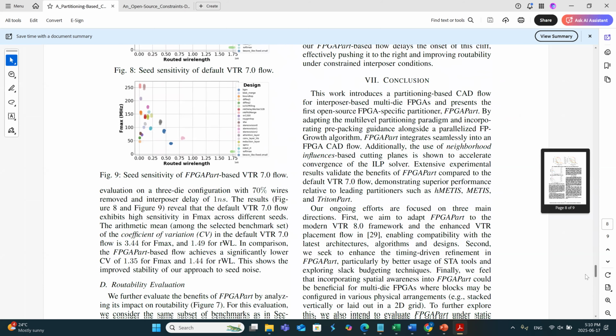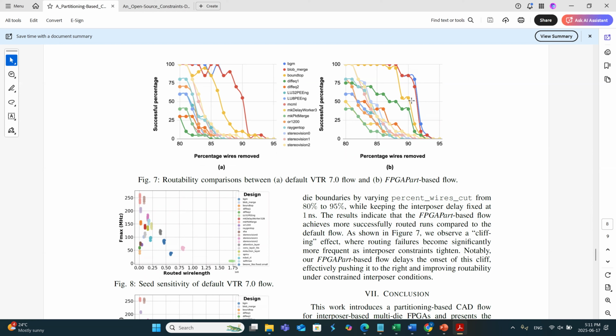But basically on the left side is what happens if you don't use a partitioner with the VTR7 interposer branch. So you can see like this red design, for example, as they remove more and more wires, it basically stops routing, right? Goes from 100% routable to never succeeds. And with their partitioner, it's pushed out, right?